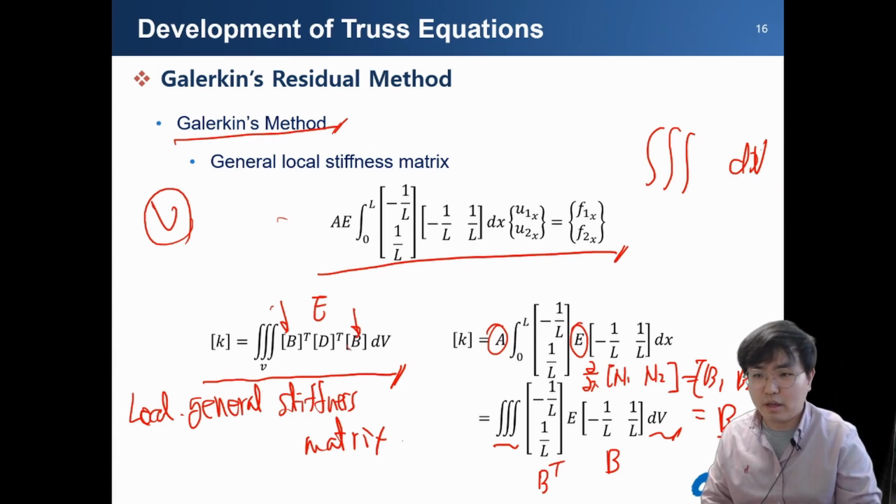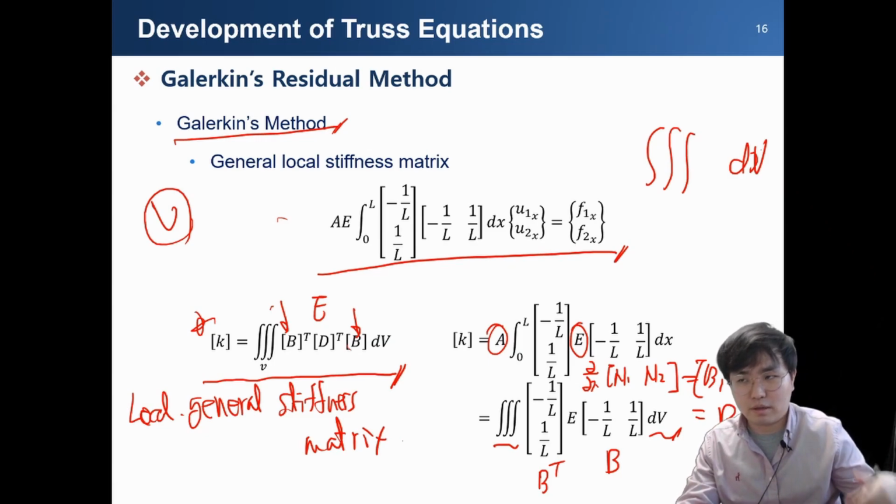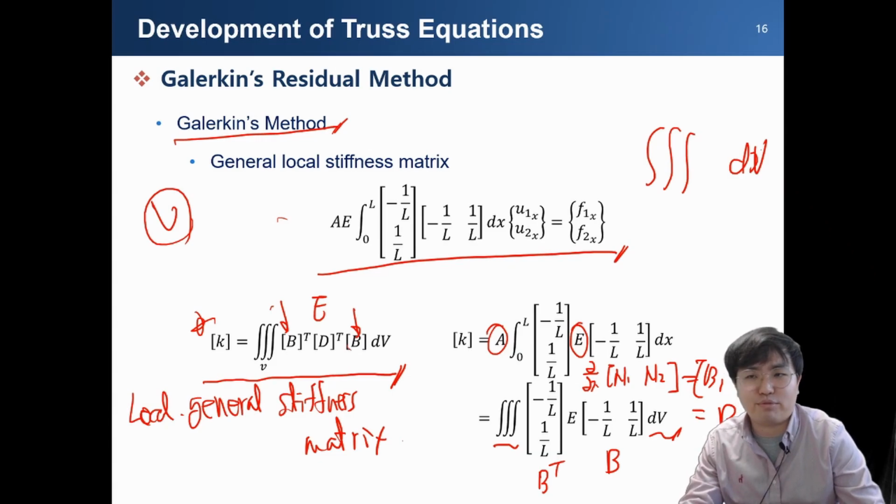After obtaining those local stiffness matrices, you do the assembly process, and after applying some boundary conditions, you can obtain the solution. This is the way to use the Galerkin residual method for FEM simulation.